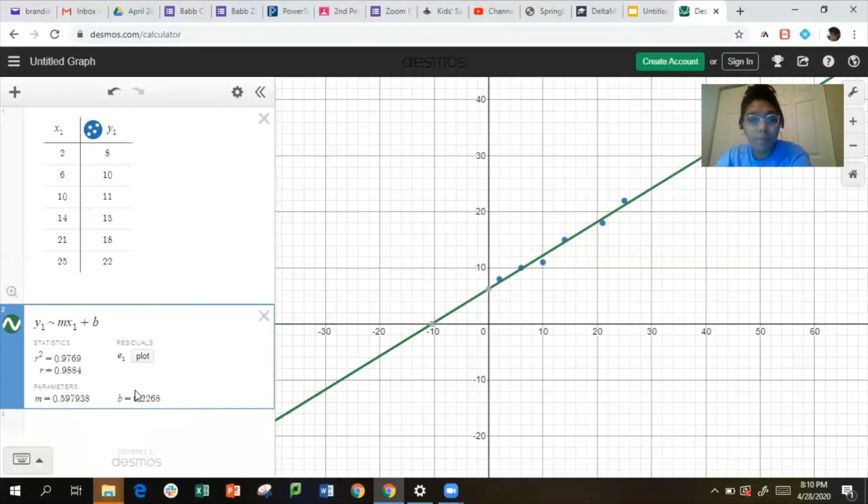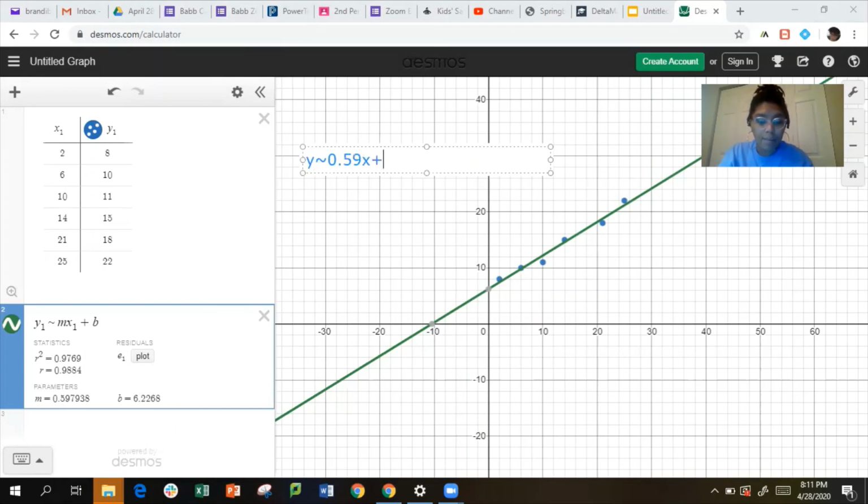I would round it one decimal place over, so if I were to write what my line of best fit would be for this particular one, it would be y is approximately equal to 0.59x plus 6.2, and that would be my line of best fit.